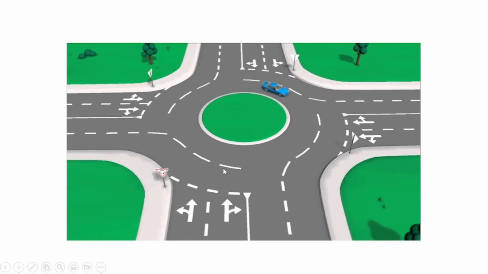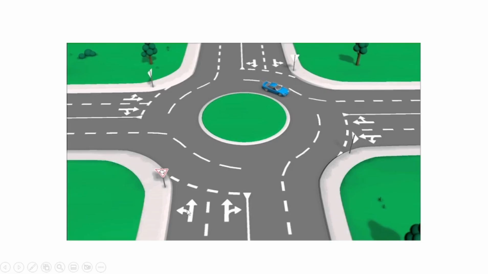Now, from my previous explanation about the principle of the clock with the roundabout, I told you if you're going anywhere from this 6 o'clock area down to the 12 o'clock area, you must be on the left hand side of the lane to enter the roundabout. Okay, you can see the road marking here.